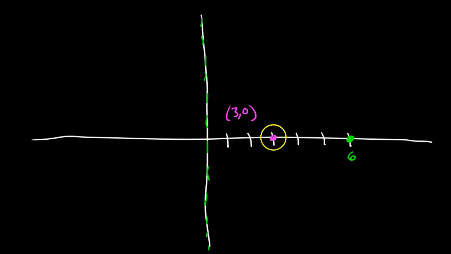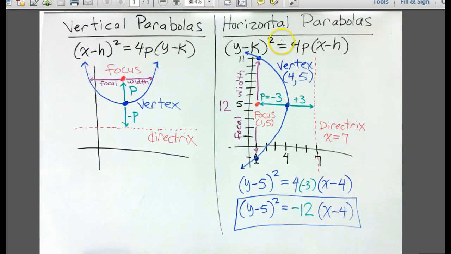We know that this parabola will be opening to the right, wrapping itself around the focus. So, because this parabola is horizontal, opening to the right sideways, we know that we are talking about this model, the one where the y portion of the equation is squared.